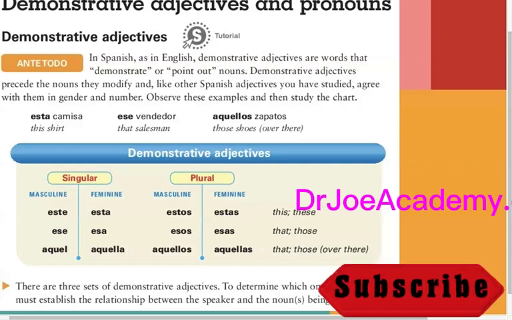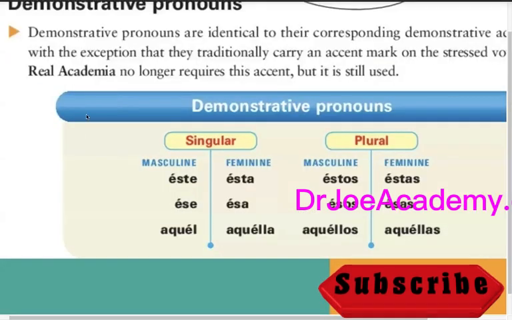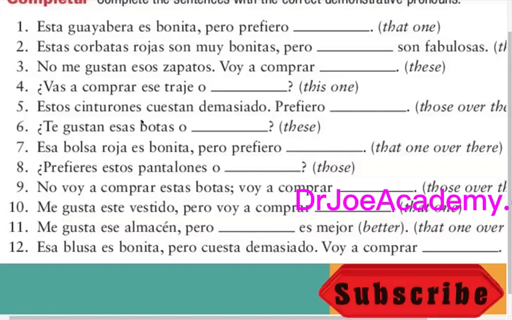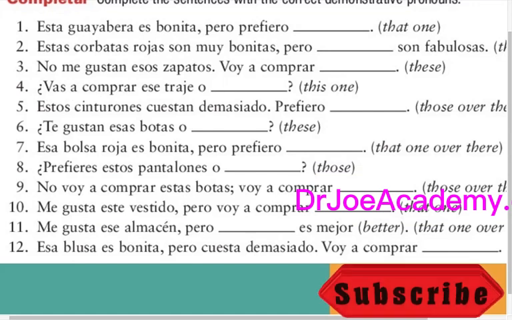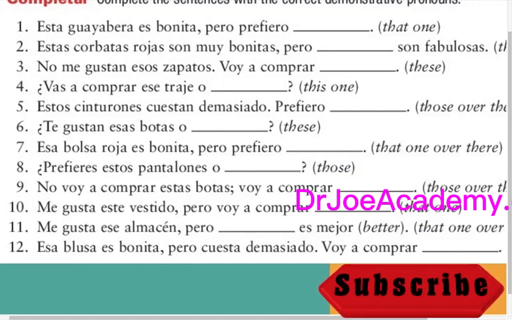Okay, thank you. So that was what I was asking. So esta is this. So in the question, when I want to say this one, number 4, ¿vas a comprar este traje o this one? What do we say? What is the blank?